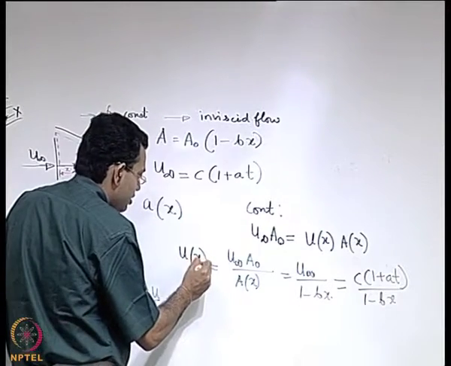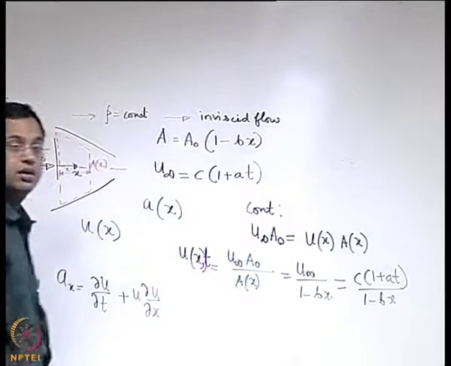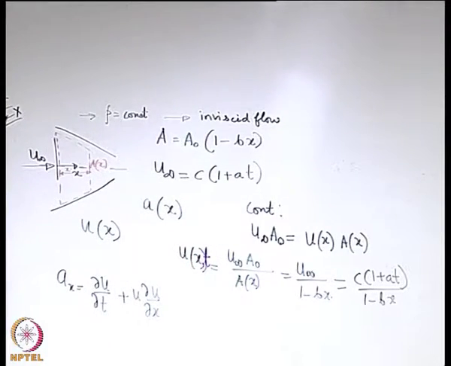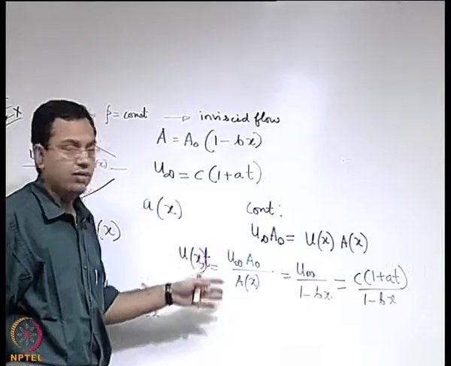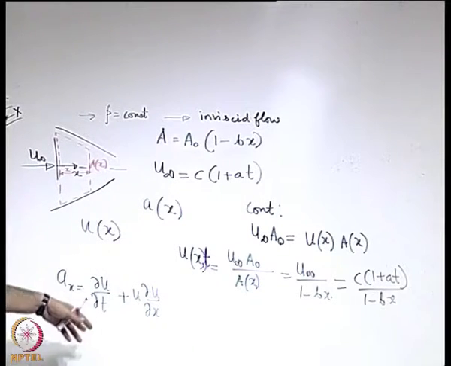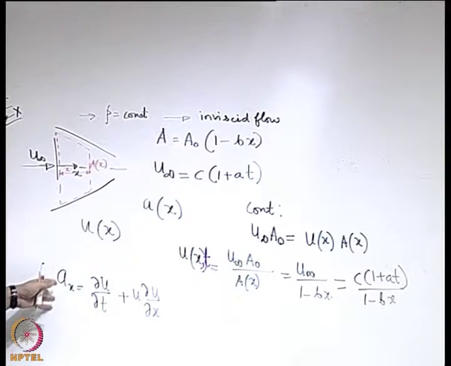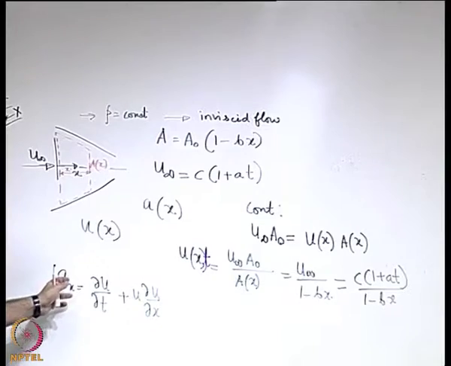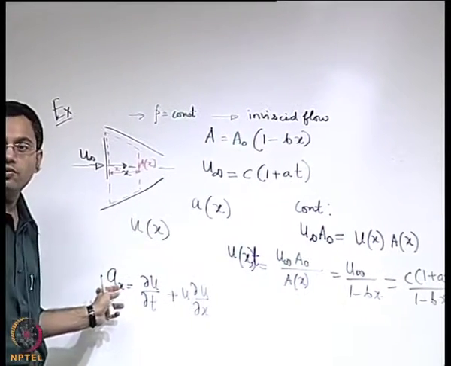So, here we write u(x, t) to be more precise, because at a given x it will also vary with time, and then you can differentiate this expression. That is a straightforward exercise to find out the acceleration component along x. There is no acceleration along any other direction, because it is just a one dimensional flow.